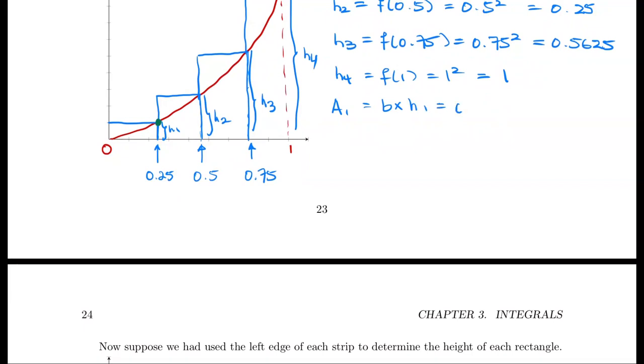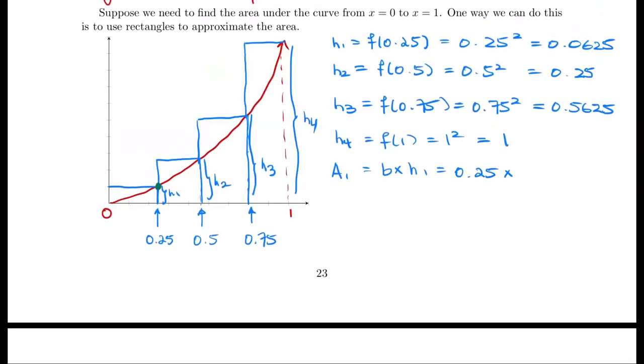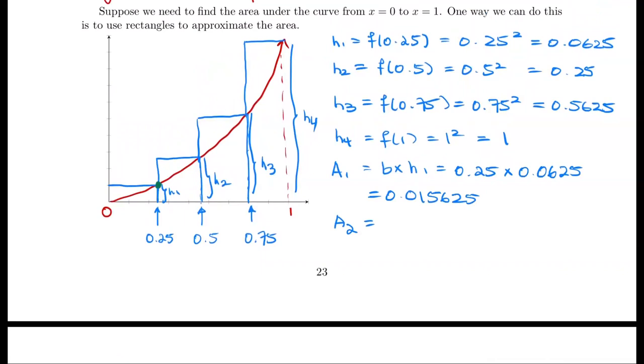So the base, 0.25, multiplied by the height of 0.0625 is going to equal 0.015625. For area 2, if you do the same thing, you get 0.0625. Area 3 is 0.140625. And A4 is 0.25.